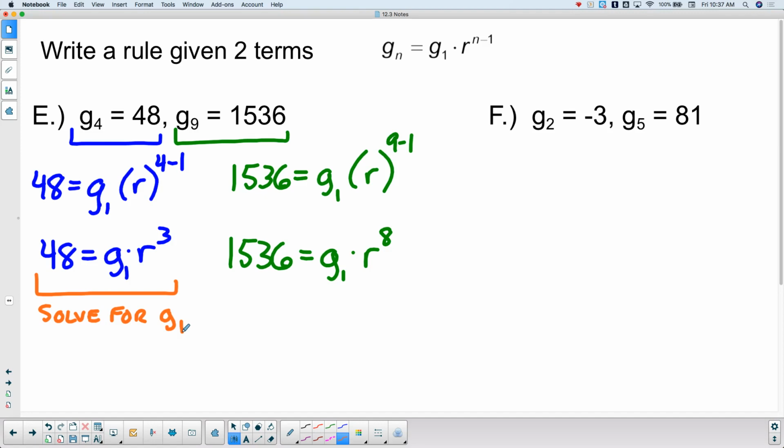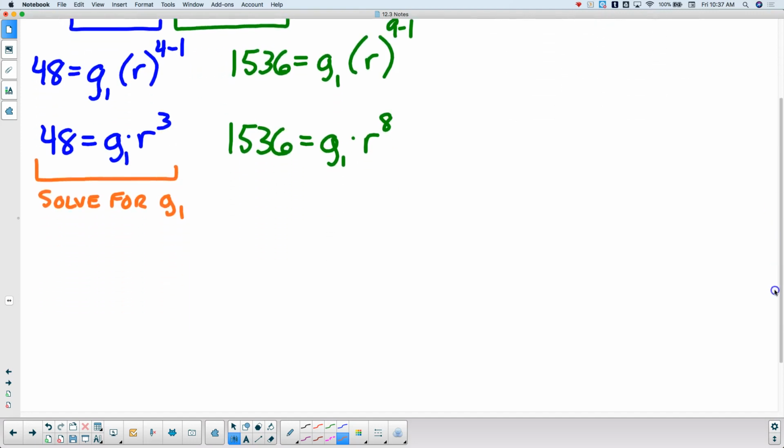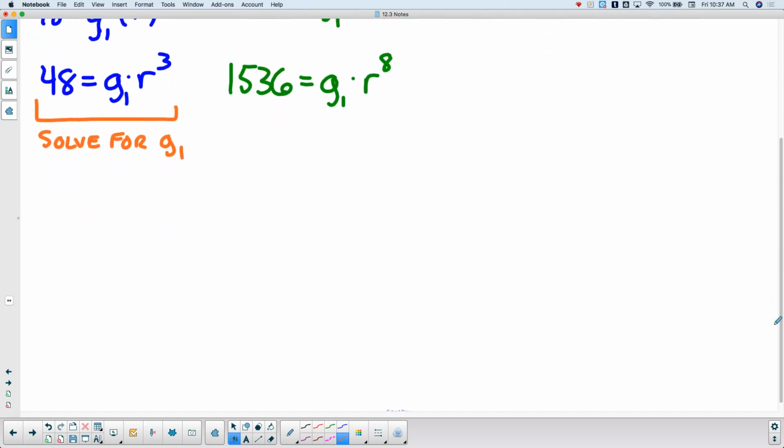Which means I'm basically going to divide both sides by r cubed. Follow me?